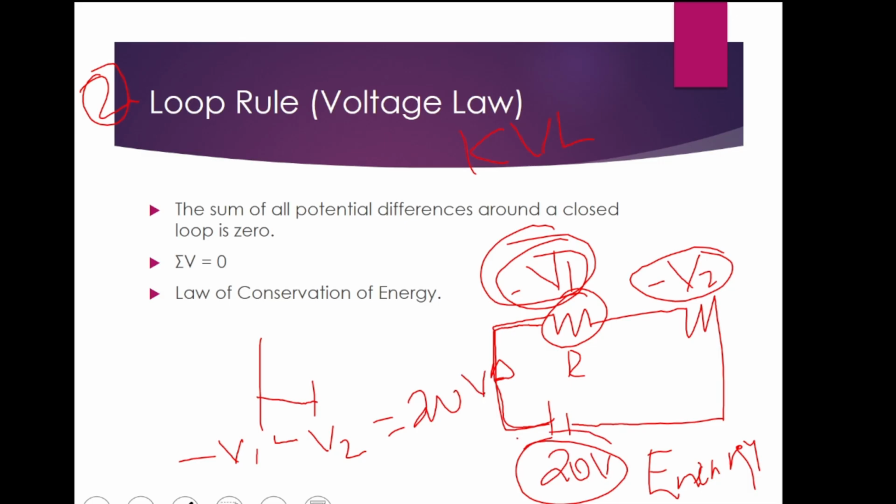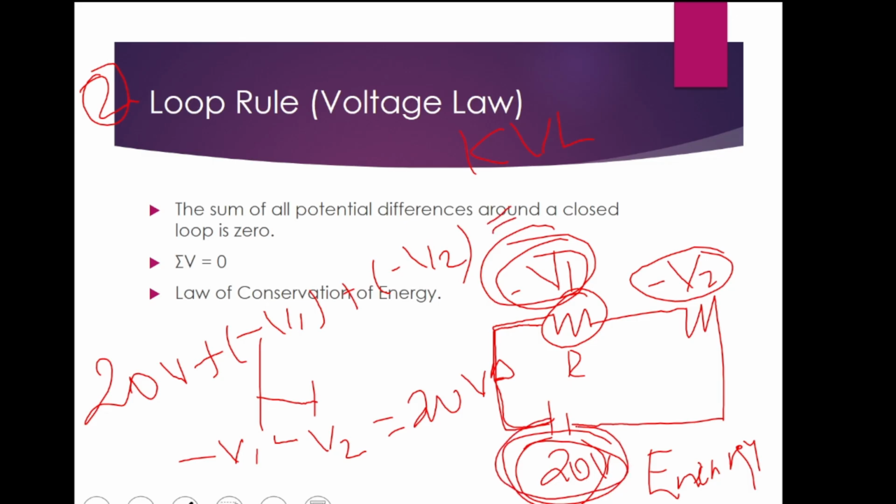Or it tells us that if we add initially 20 volts plus minus V1 plus minus V2, the total voltage rise at the beginning and voltage drop at each component which dissipates the energy of the circuit, their sum will be zero.